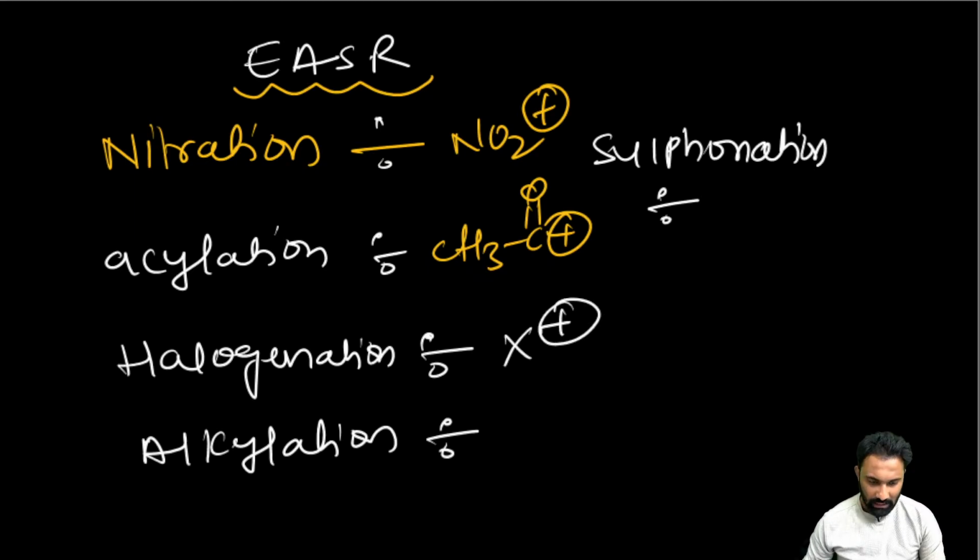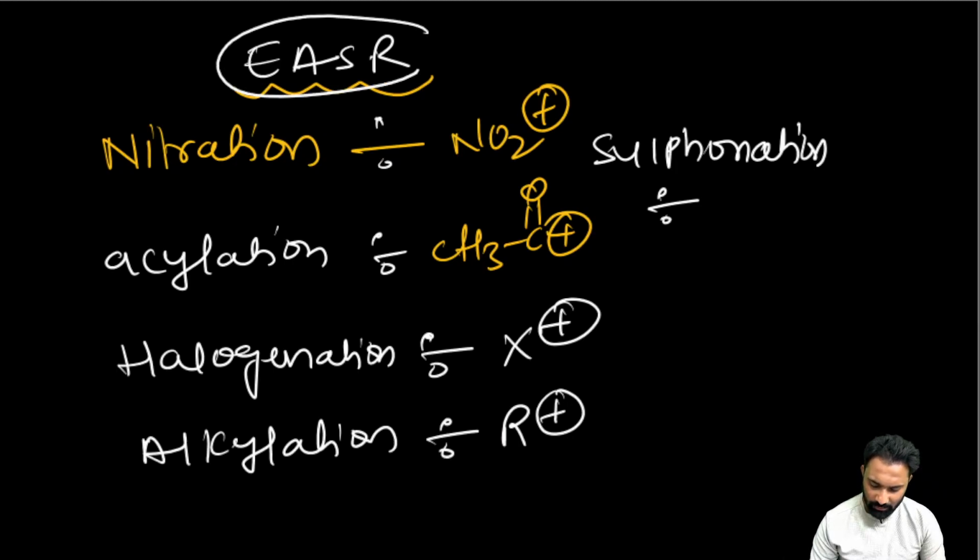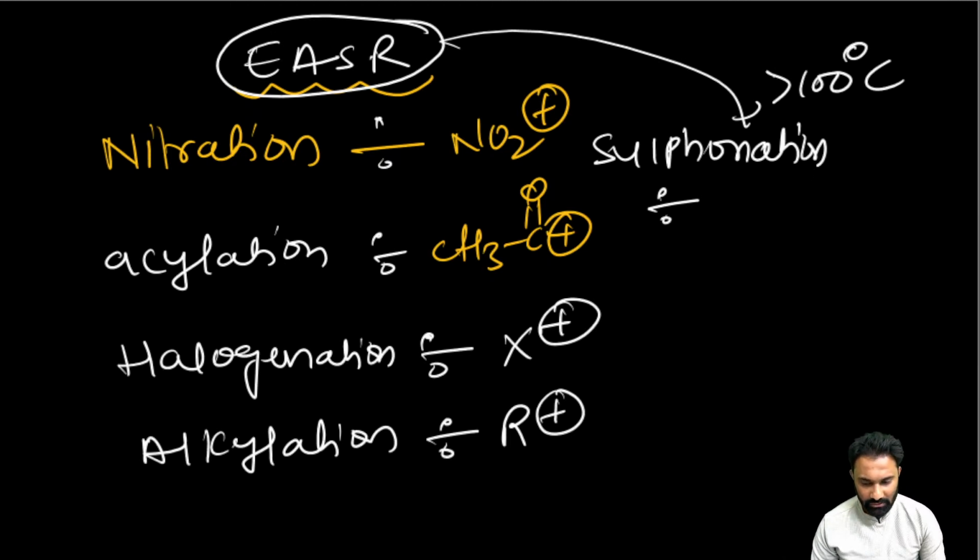Okay, good. Alkylation: R plus. Good. Sulfonation: for the benzene electrophilic aromatic substitution reaction, sulfonation is below 100 degrees only.